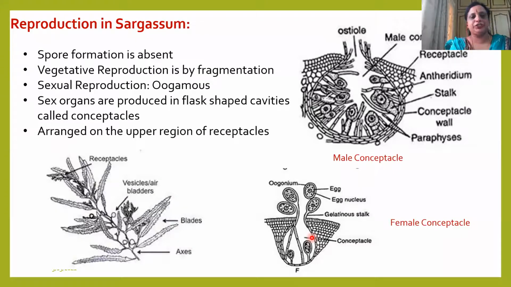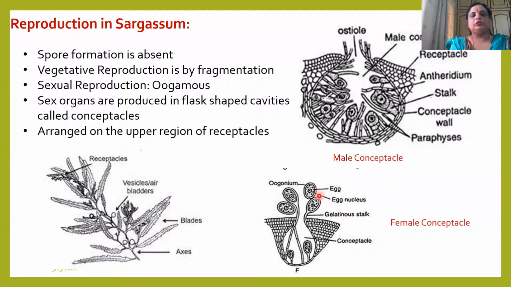If they are dioecious, what happens? The female plant or female thallus is different from the male thallus. Hence, the female thallus produces only the female conceptacle, and the male thallus produces only the male conceptacles.